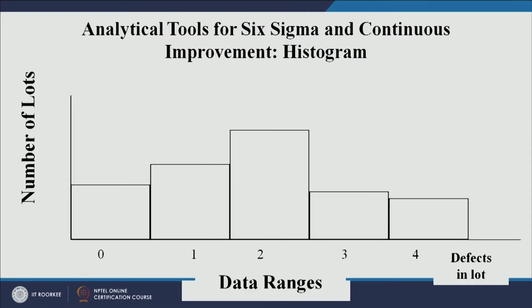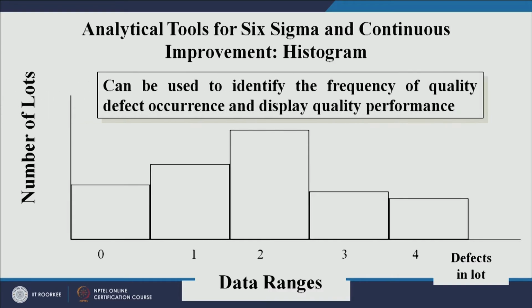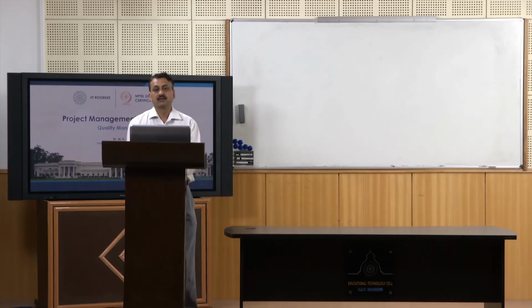Of course, histogram, all of you would be knowing. A histogram is basically a tool to identify the frequency of quality defect occurrence and display quality performance. It's quite a simple tool. Let me give you an example.